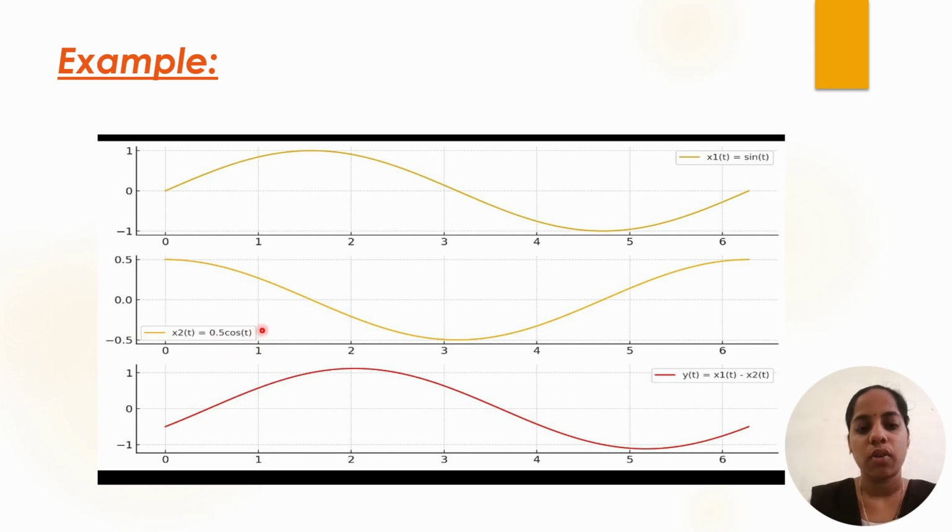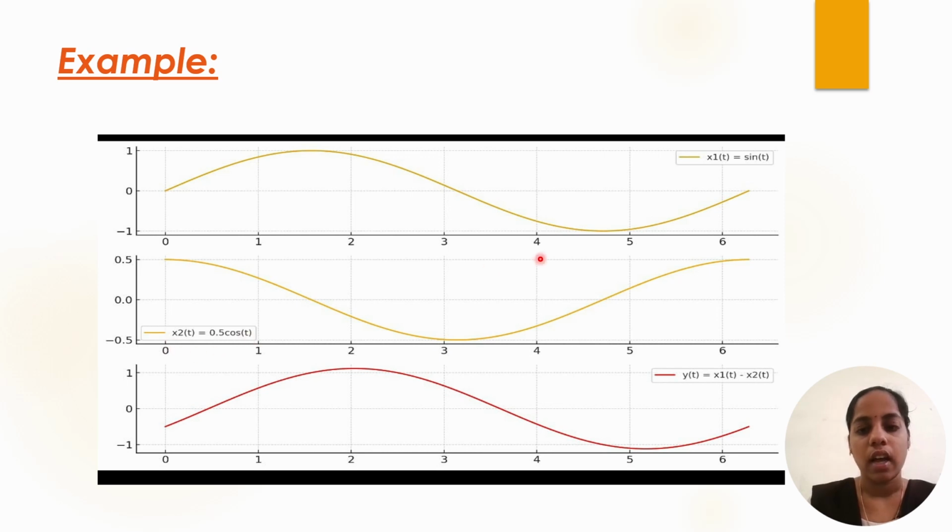This is x2 of t, with amplitude from -0.5 to 0.5 and time period 0 to 6, and we take it as 0.5 cos of t.